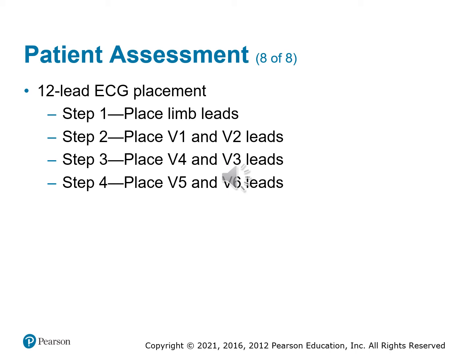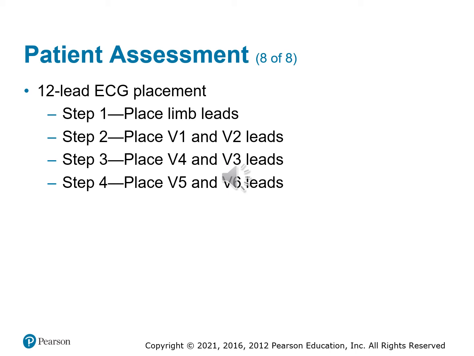Place V4 and V3 leads. V4 is going to go down the left midclavicular line, and we are going to place that lead in the 5th intercostal space. V3 is going to be located between V2 and V4 as it kind of rounds around with the rib.